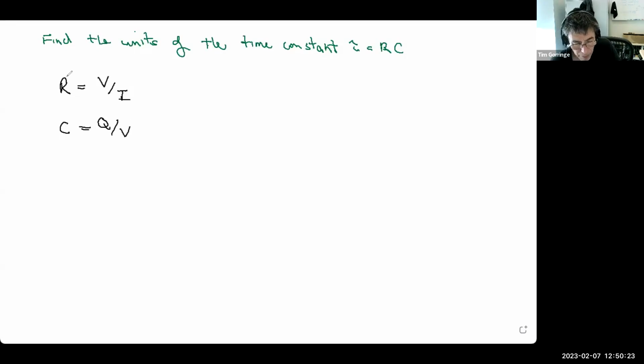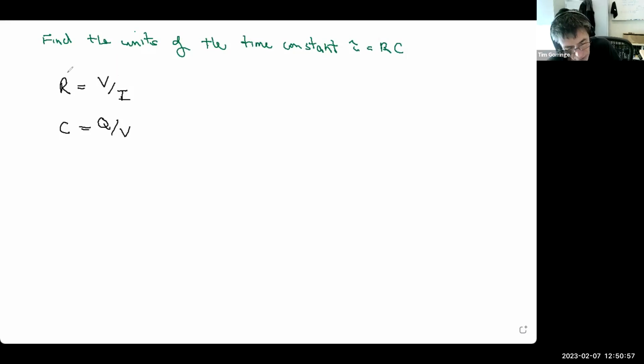I'm writing resistance and capacitance in terms of fundamental quantities of electricity: voltages, charges, currents. We'll use those relationships to write the units of resistance and capacitance.